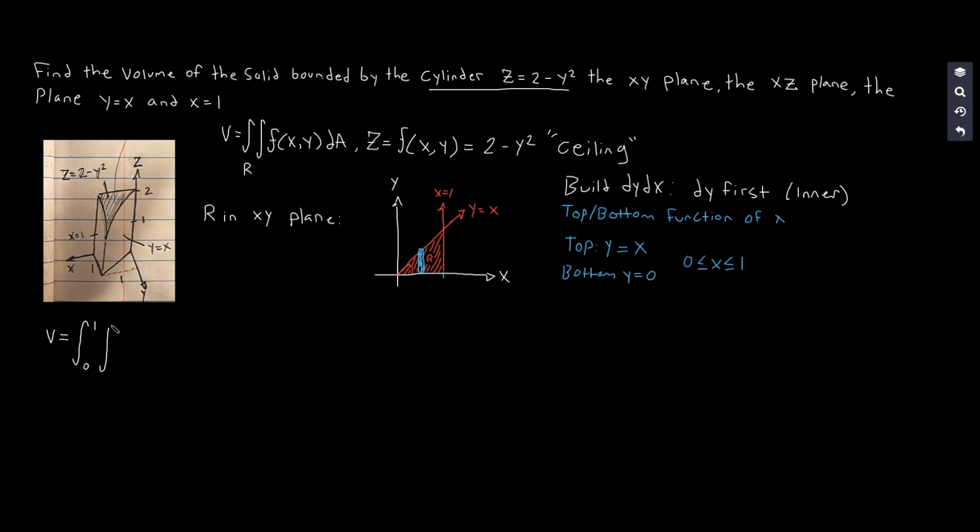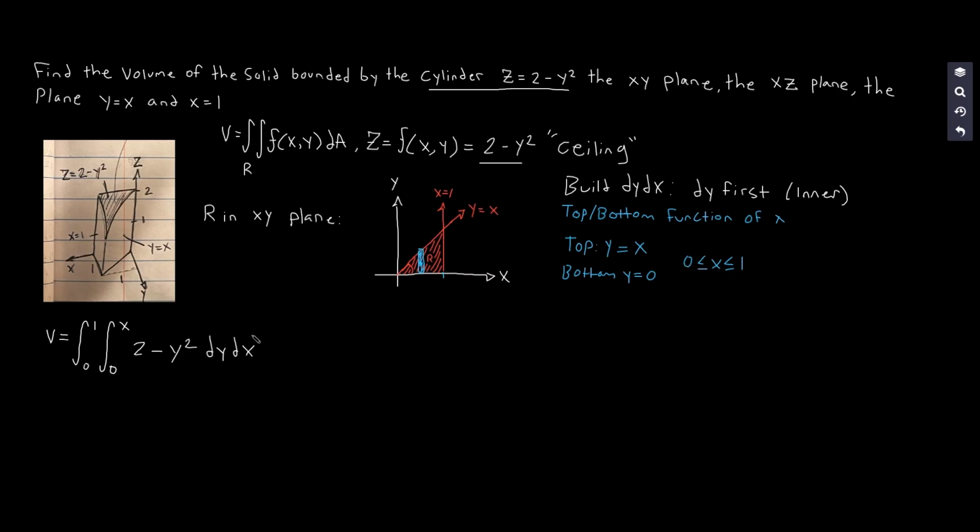So that will be x. As for y equals x and y equals 0, the lower bound is going to be 0, and then the upper bound is going to be x. And then our function is the same. It's the ceiling, that's 2 minus y squared. dy, because this is for dy here, and then dx, because this is our x.